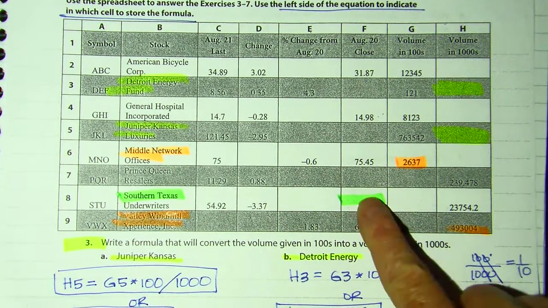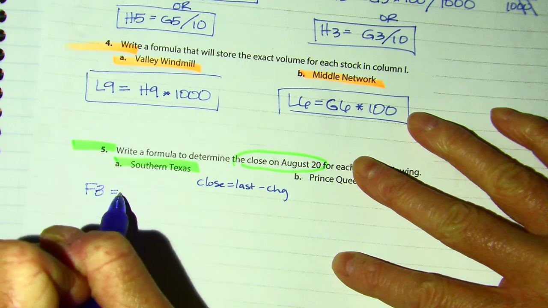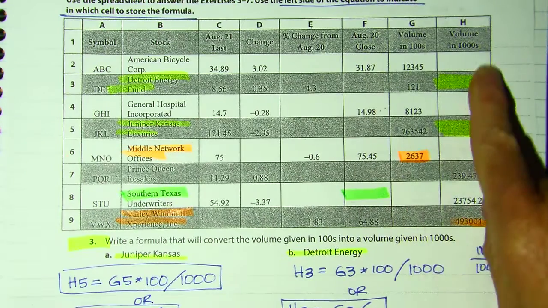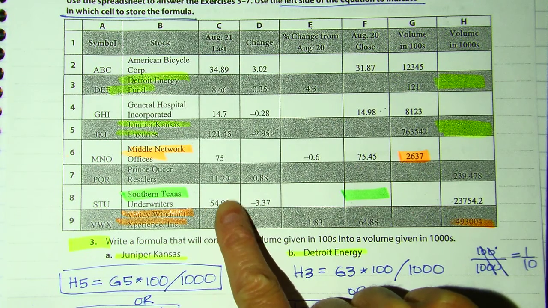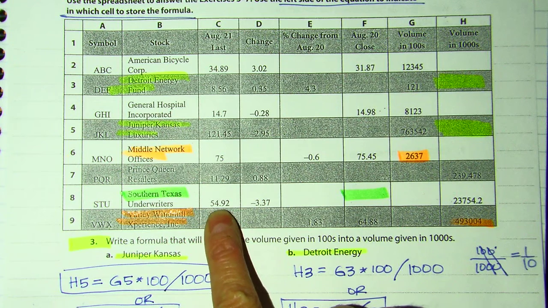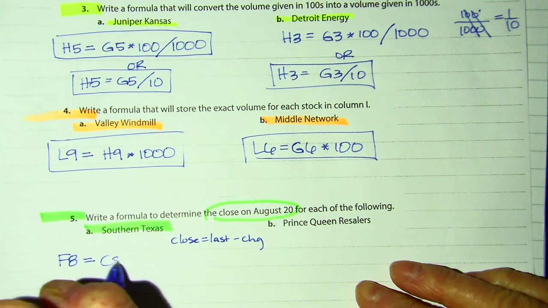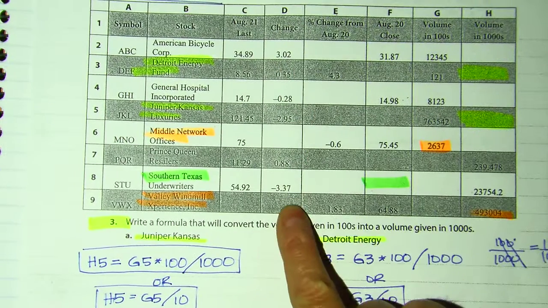So I am F8 equals the last. That would be the last, 54. This is Southern Texas, so that is C8 minus the change, which is D8.